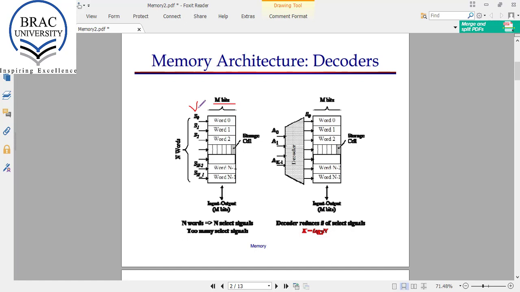For this reason, we use decoder circuits. In this case, we can select a huge number of words using only a few control signals, and we can select any word from this chip by giving the appropriate address to this decoder circuit, and this will select any one of the words.